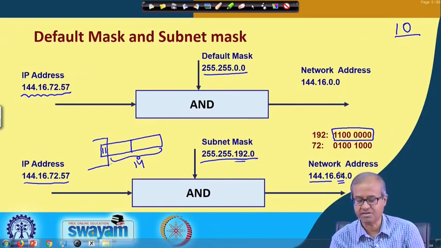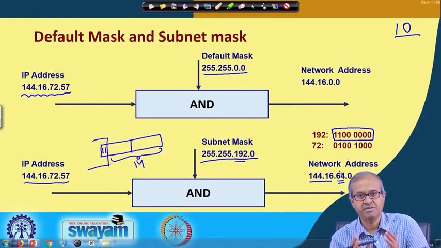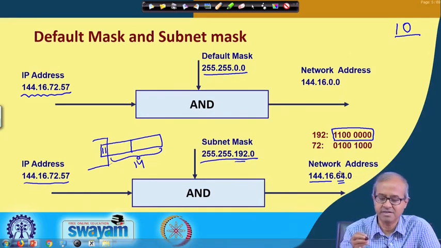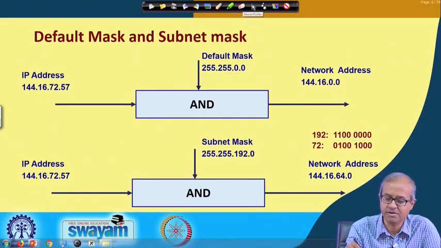This will be the network address, including the subnetwork. So, 144.16 is the class B network and 64 is the subnetwork number within that class B network. This is how you can extract the subnetwork number from a network.